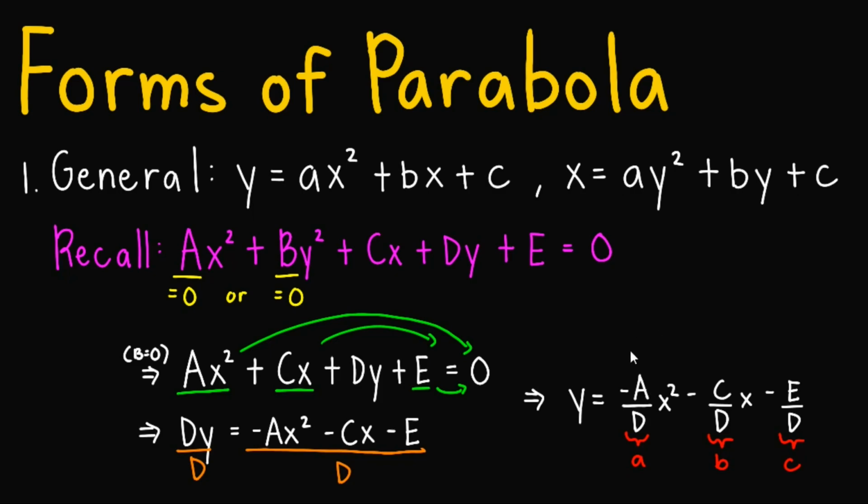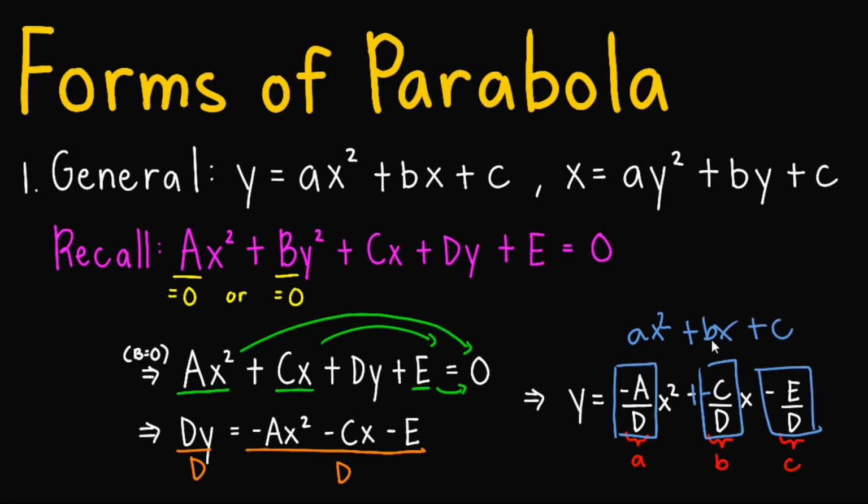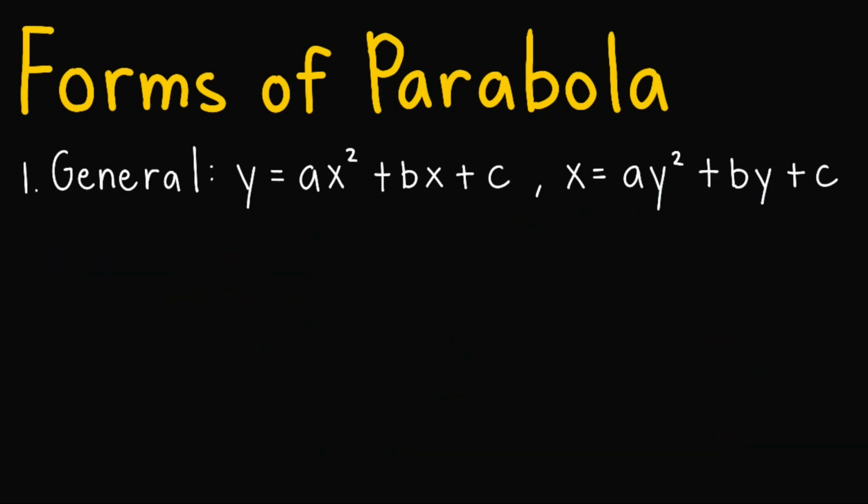To be more specific, we include the negative part out here, so we can make this like that, so that we'll indeed get ax squared plus bx plus c, which is what we want. You can do the same for this one just by setting a to be 0 this time. And so that is the general form of a parabola.